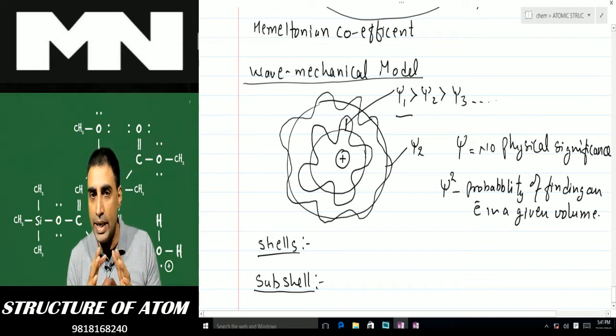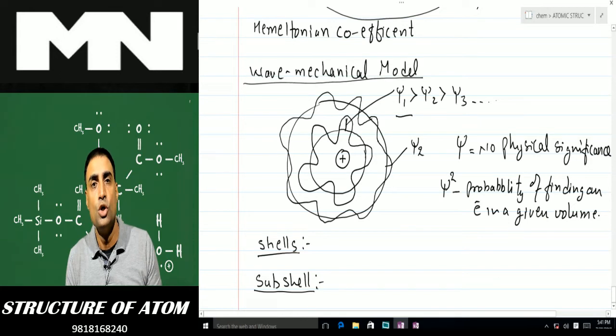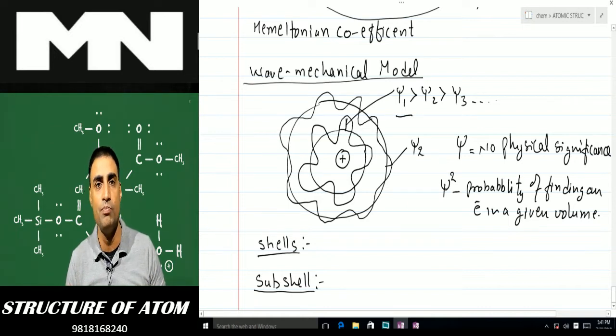By no means here does electron mean a particle. I'm not saying that electron is a particle. It's a negative charge. So the space around the nucleus where you have a finite probability of finding that negative charge is a shell. The space within the shell where the probability of finding that negative charge is maximum is a subshell.